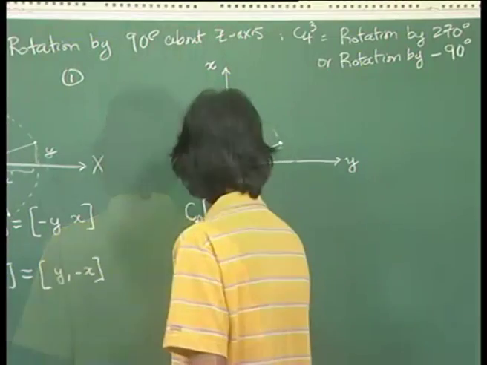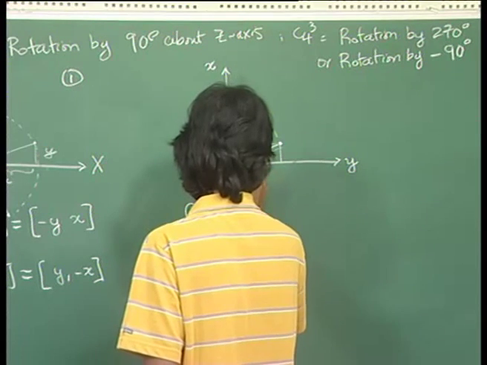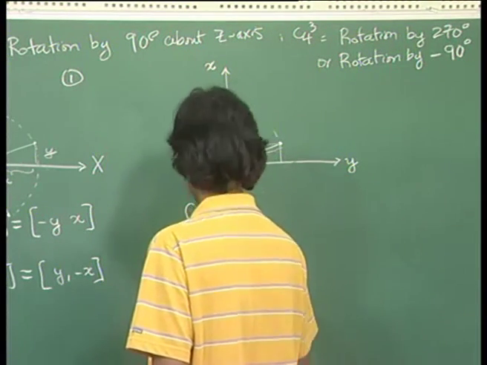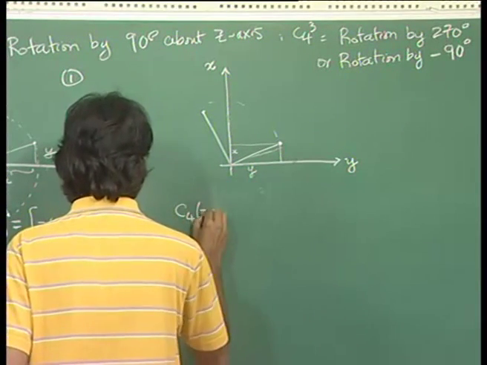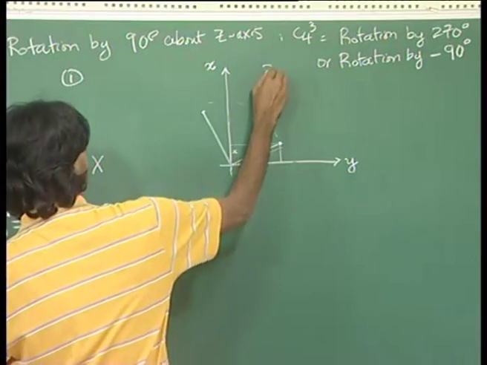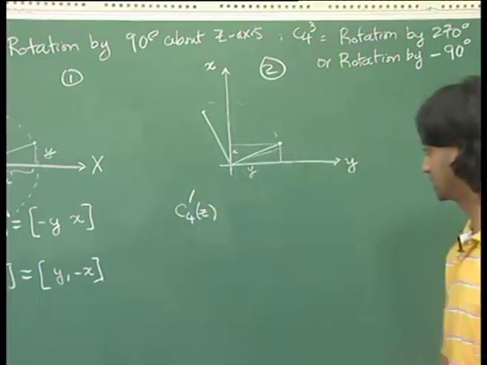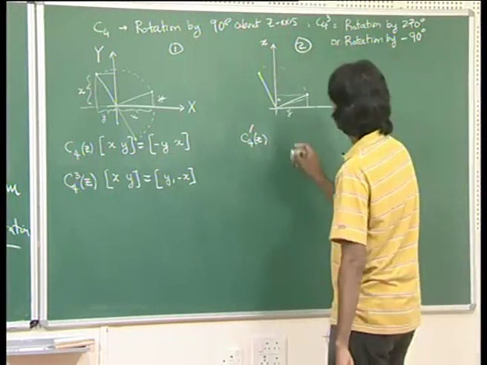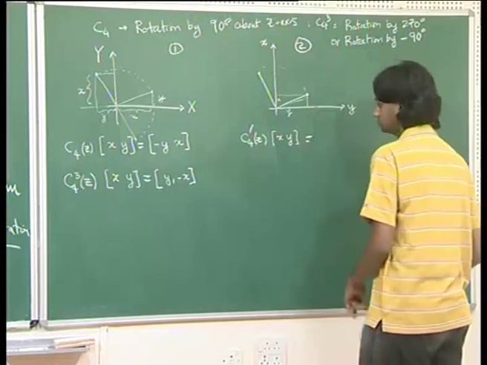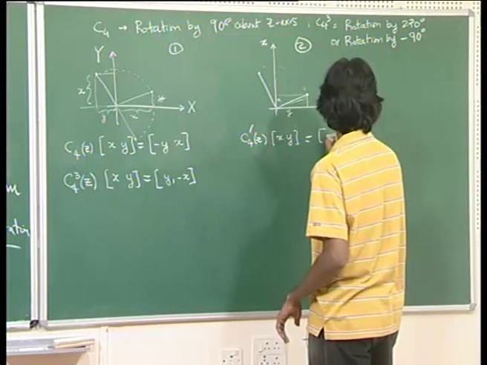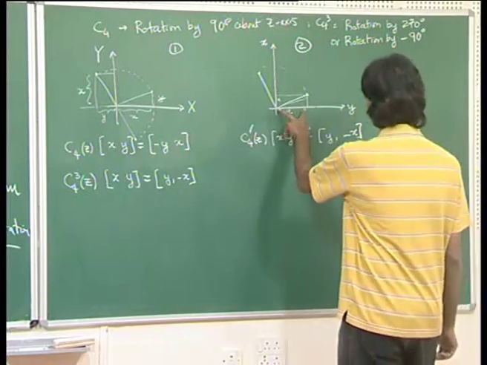You can show that if you had a point with x coordinate as x and y coordinate as y, and let me call this coordinate system 2. In coordinate system 2, I will call it C4 prime, just to distinguish it from that. So in this coordinate system, the point x y gets mapped to y minus x.